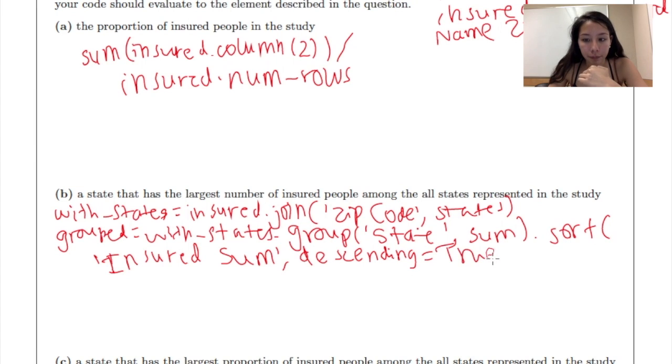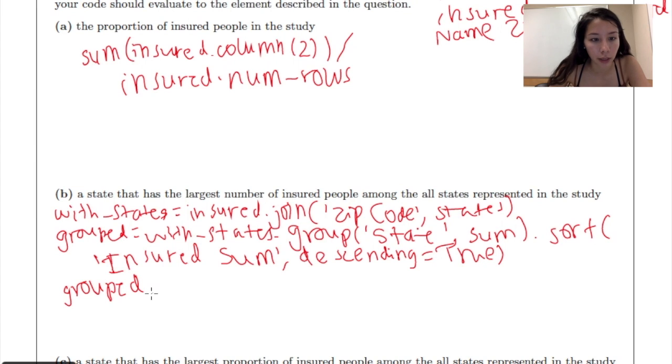And now we just want to be looking at the first row because that is going to be the state with the largest number of people insured since we sorted by descending order, and we want to be looking at the state. So we're looking at column state, and then item 0.